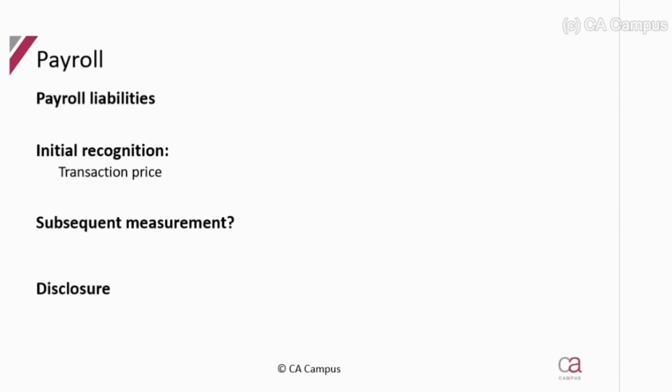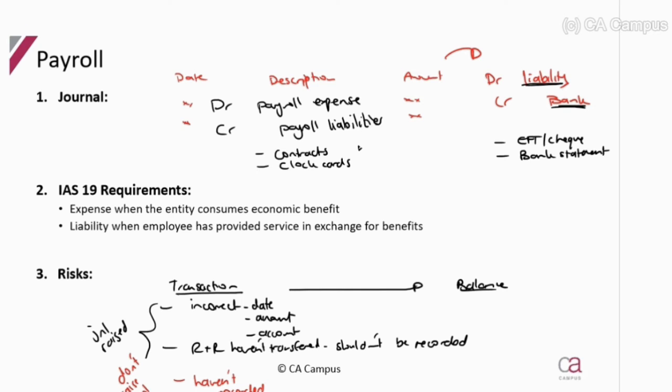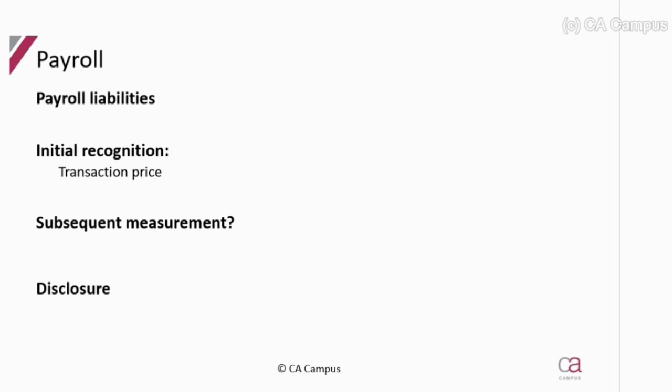So recognize that it's transaction price, so based on what the actual transaction is recorded in terms of what's in the contracts or hours on the clock cards. There's no subsequent measurement because it should be realized within 12 months.